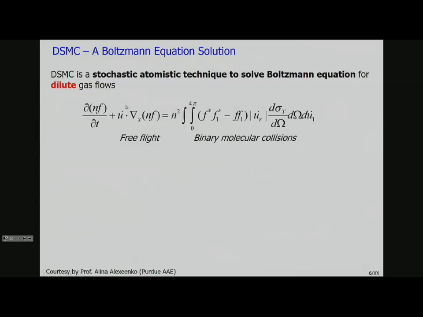So here I have my Boltzmann equation. I have a time-dependent factor, then this is the movement portion, and I have binary collisions, or the collision integral, here. Free flight is pretty simple. It's just collisionless motion. A molecule is just moving at some velocity over a certain time step. And then I have my collision, represented by that collision integral.